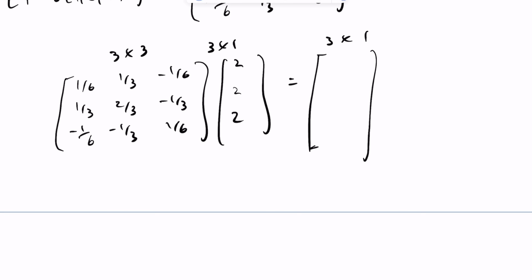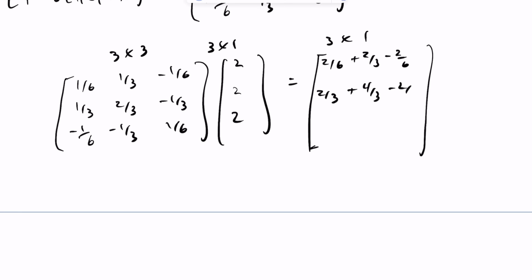If I go ahead and calculate this, you're going to end up getting here 2 over 6 plus 2 over 3 minus 2 over 6. And for the next one, you're going to get 2 over 3 plus 4 over 3 minus 2 over 3. And lastly, you get minus 2 over 6 minus 2 over 3 plus 2 over 6.